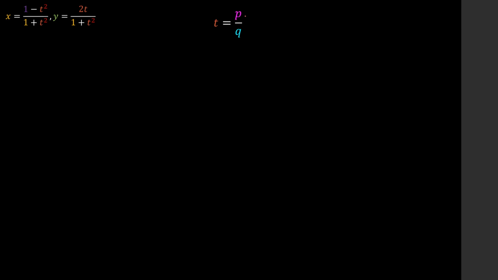Those are not prime numbers, they're just numbers, and this is in lowest terms. Then I can plug p over q into x, and multiply by q squared to get x equals q squared minus p squared over q squared plus p squared. Similarly for y, if I plug in the same values, I'll get y equals 2pq over q squared plus p squared.